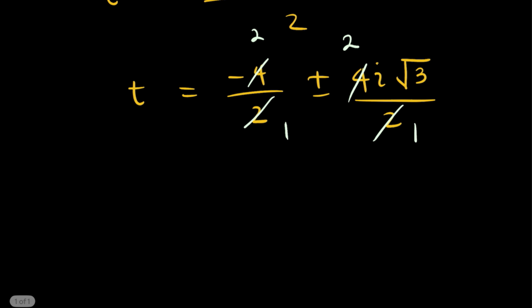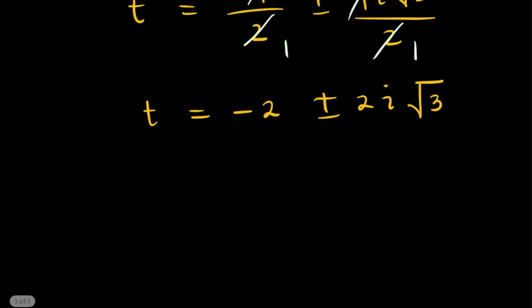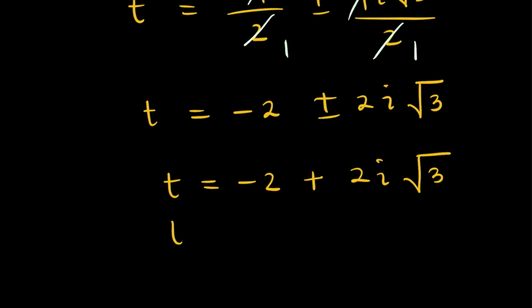and t becomes negative 2 plus or minus 2i root 3, giving us t is equal to minus 2 plus 2i root 3, and t is also equal to minus 2 minus 2i root 3. Since we already have a value for t1, we are going to call this t2 and call this t3.